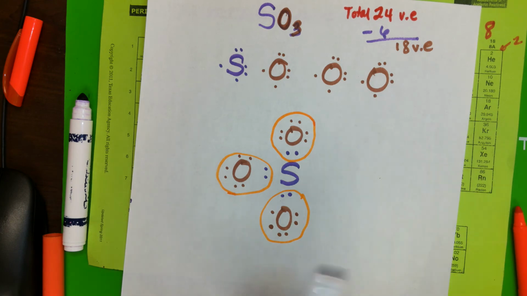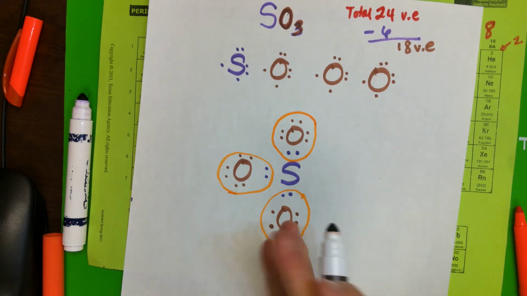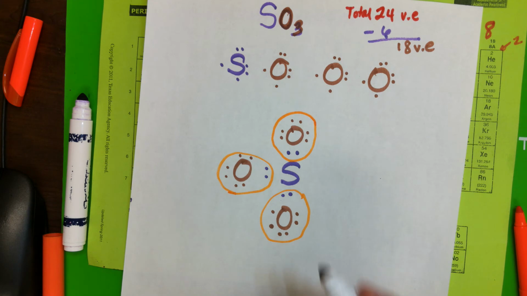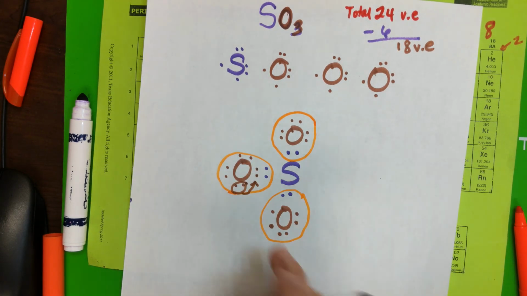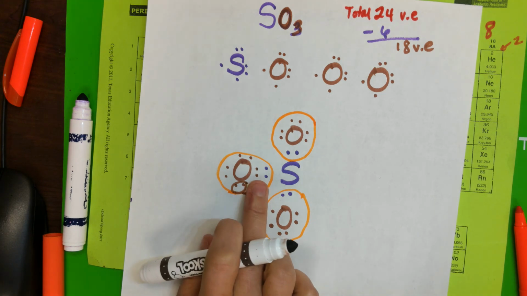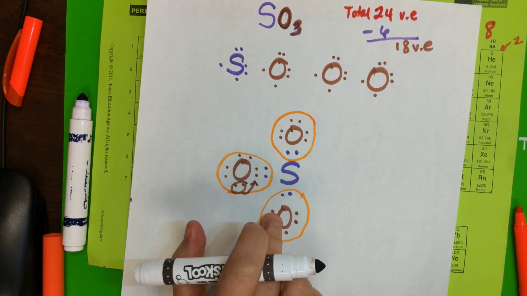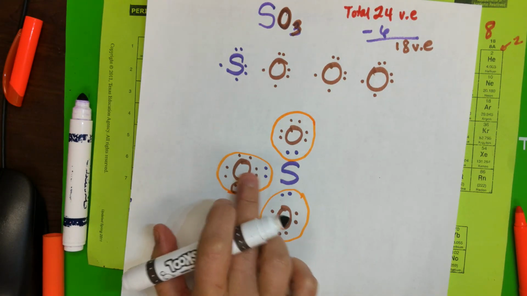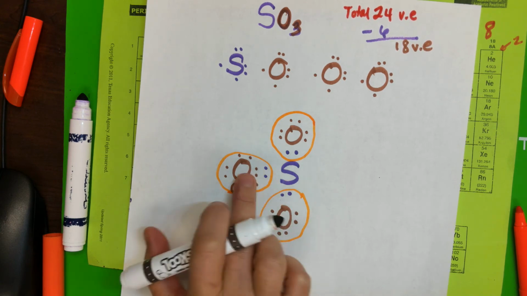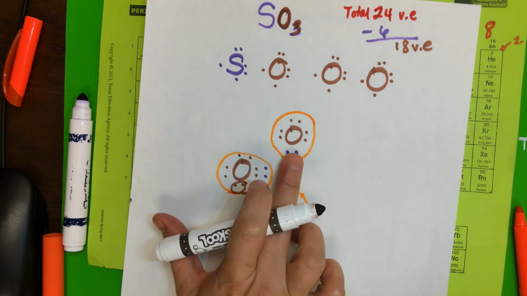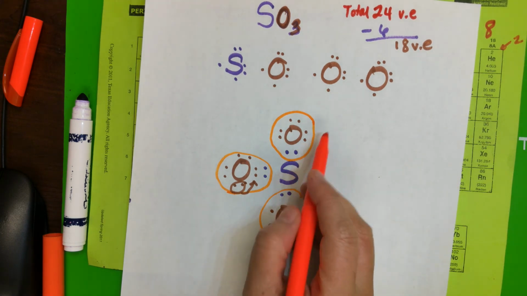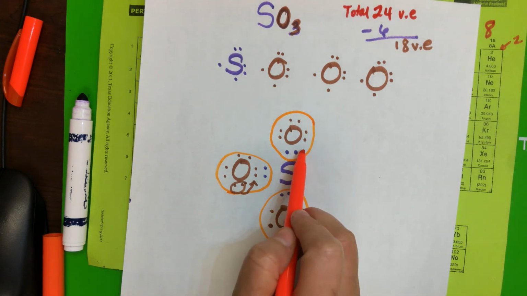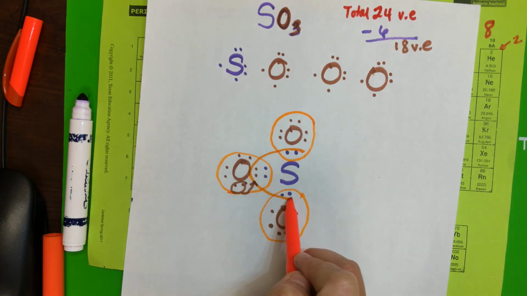So because I have more space here, I'm going to move these 2 to the center, so my sulfur could have 8. If you think about it, this oxygen and this sulfur will be sharing 4 of them, and this is sharing 2, and that's 2. So in the end, it should be 8 for both of them.